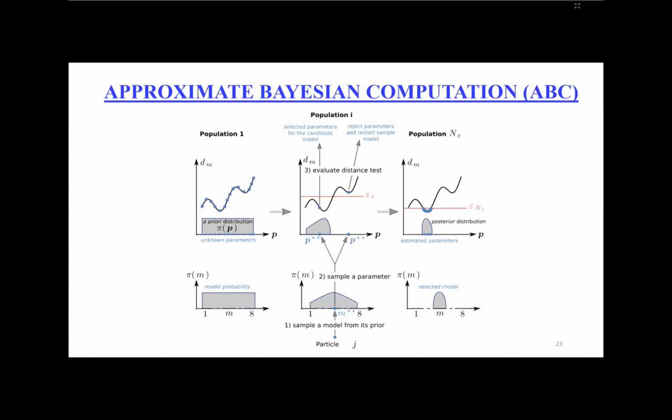By population, I mean the set of accepted samples. New samples are generated by sampling the model from its prior and the parameters from their estimated distribution at the previous population. This process is repeated until the tolerance for the last population is satisfied. As I mentioned, the tolerances are reduced as the populations advance.